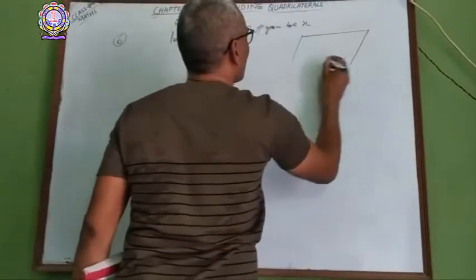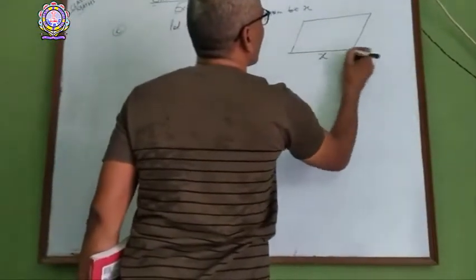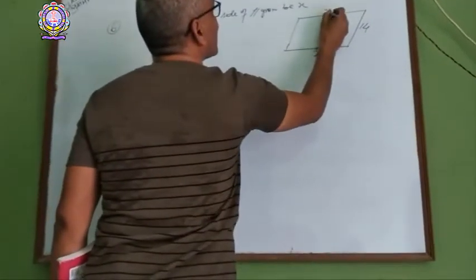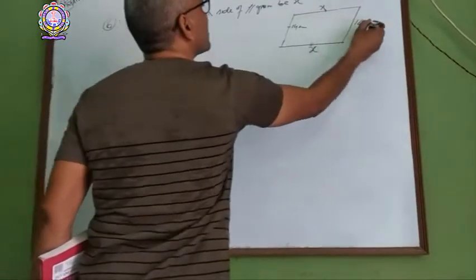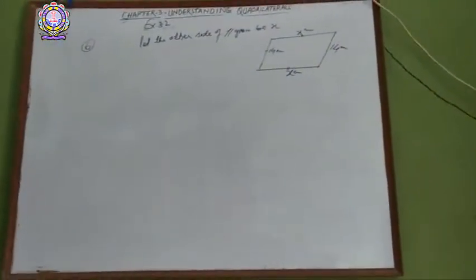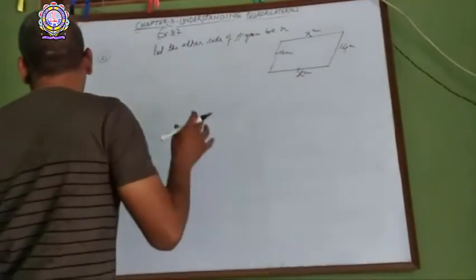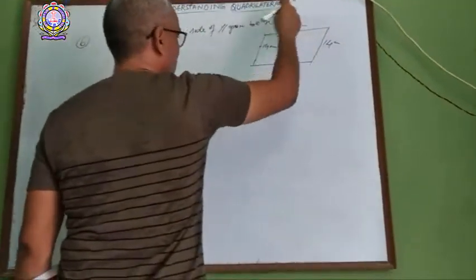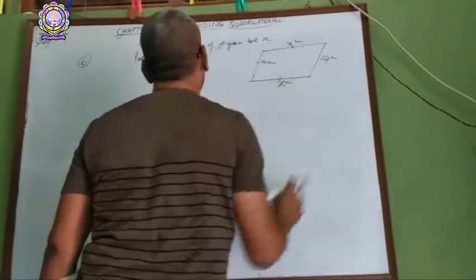This is a parallelogram. Okay, and one side of a parallelogram is x and other side will be 14, and you know that opposite sides are equal in a parallelogram. So this must be 14 centimeter, 14 centimeter, x centimeter, x centimeter. The formula of a rectangle for the perimeter is same as the perimeter of parallelogram, because perimeter is the sum of outer boundary of a figure.